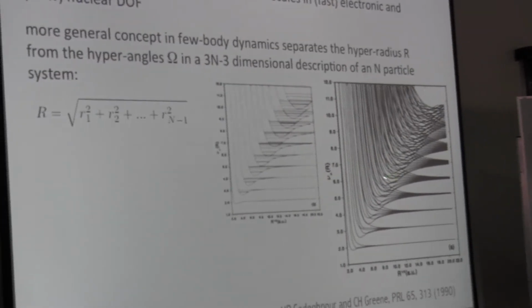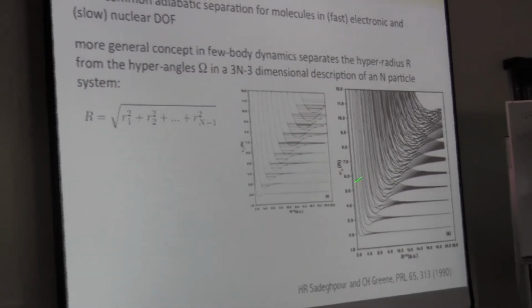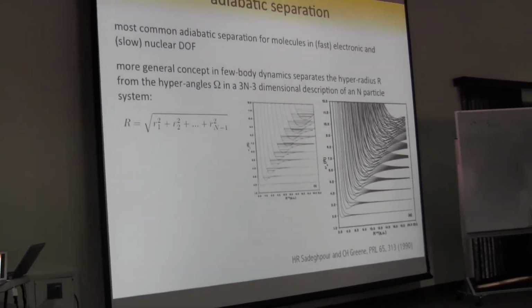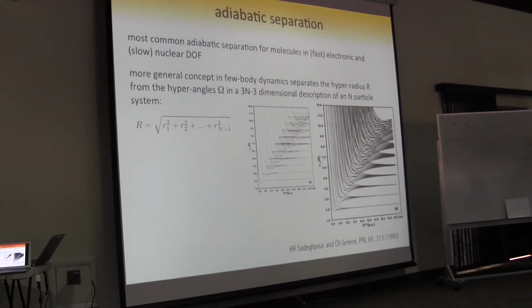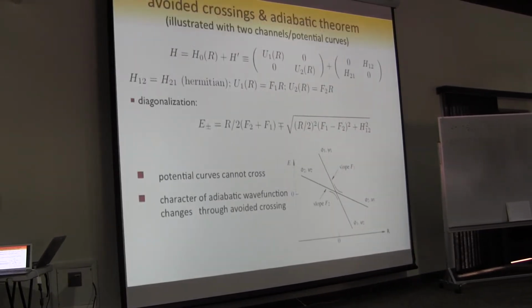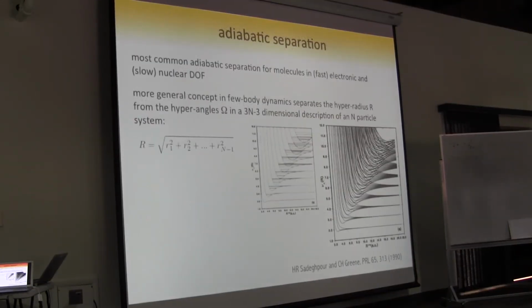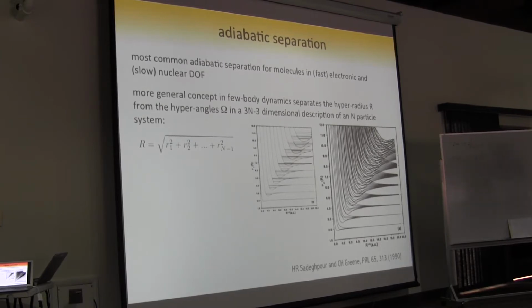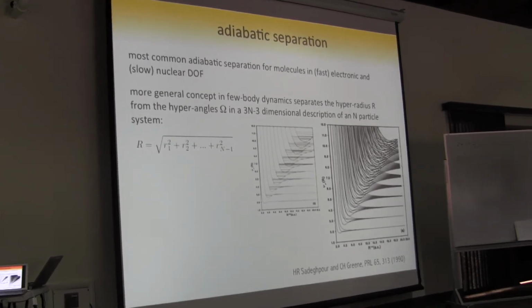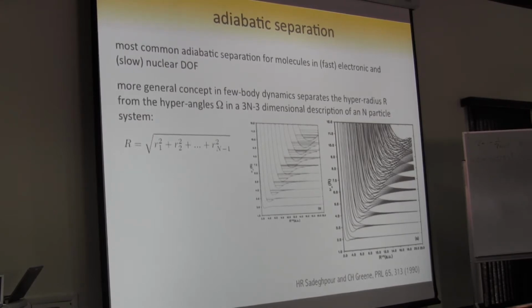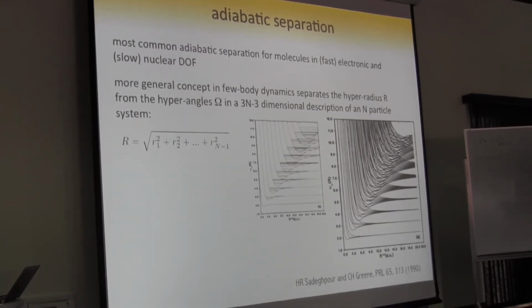Okay, so what do we learn? I mean, here it looks like all these different curves have many, many crossings. In fact, they do not have a single crossing, they are all avoided crossings. So, essentially, there's a Wigner-von Neumann non-crossing rule, which says that if you have potential curves within the same symmetry class, and you have only a single adiabatic parameter, like here the hyperradius, then these potential curves cannot cross.